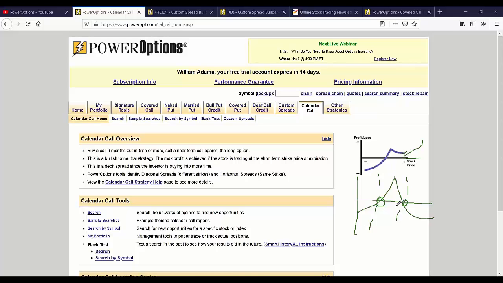It's a little tricky. One advantage, of course, of the horizontal that David's asking about versus the diagonal, if I bought a deeper in-the-money Amazon call, is the cost. We have a much lower cost because we're buying at the money and we're also selling at the money. If I bought an in-the-money, I might be paying as much as $400 or $500. That was actually a discussion I had on another coaching session earlier this week as well, looking at a poor man's covered call on Amazon, and the price total was about $400.